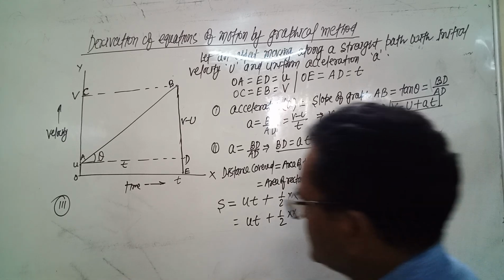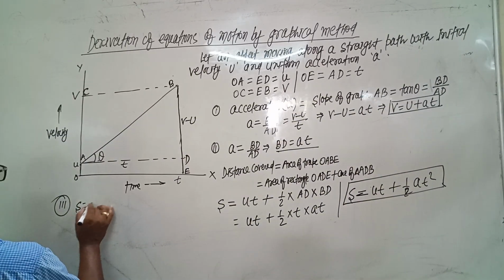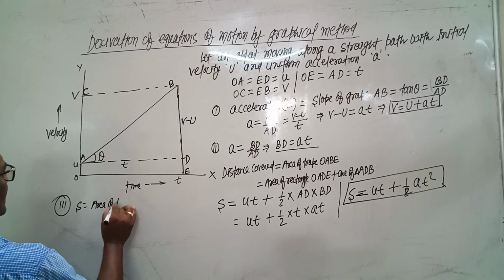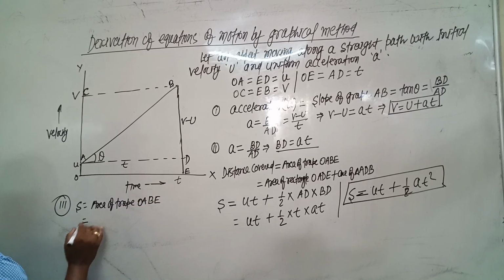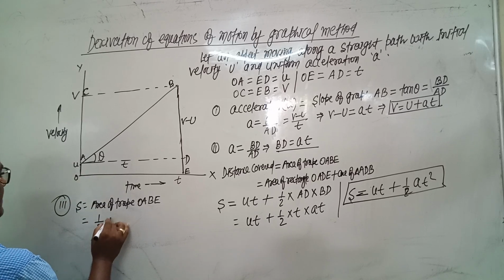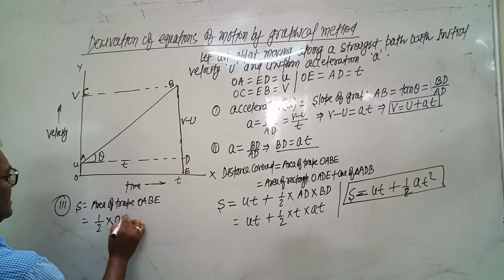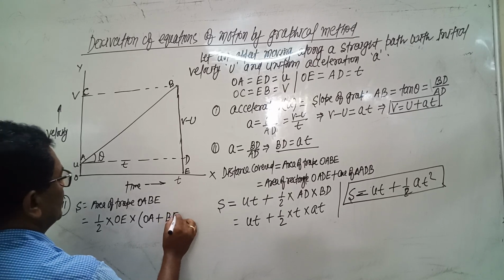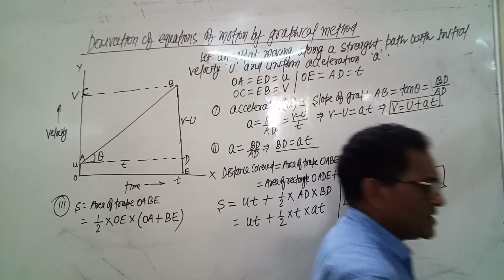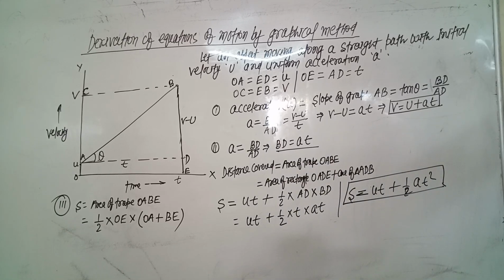S, meaning distance covered, equals the area of trapezium OABE, and the area of a trapezium is half into height into sum of parallel sides.